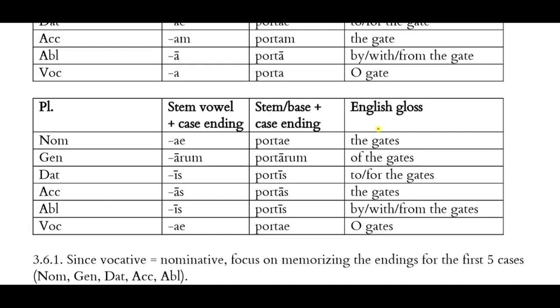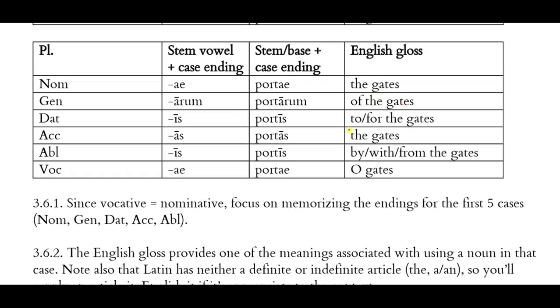Now let's look at the plural forms of first declension. The stem vowels are ae, arum, is, as, is, ae. You say these after me. Again, notice the nominative and the vocative are the same.